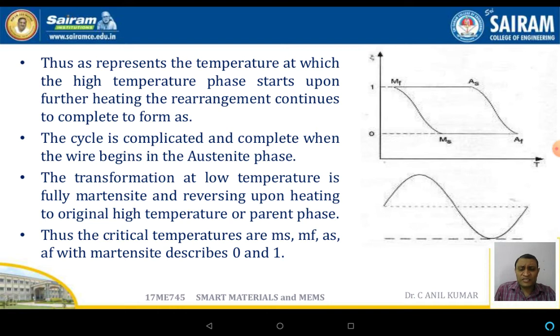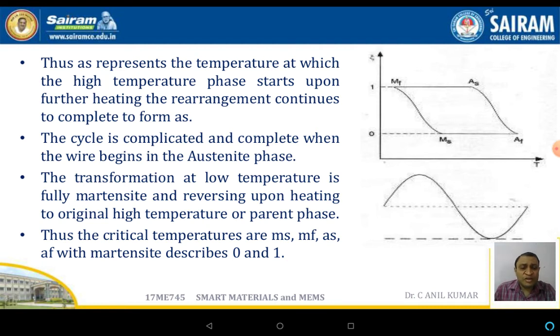Thus the critical temperatures of martensite start, martensite finish, austenite start and austenite finish are described by the xi values, which vary from 0 to 1. In the schematic diagram shown on the right side, the upper graph represents the xi value varying from 0 to 1.